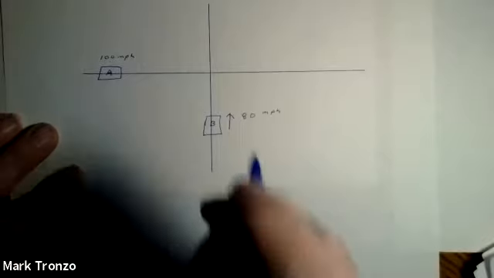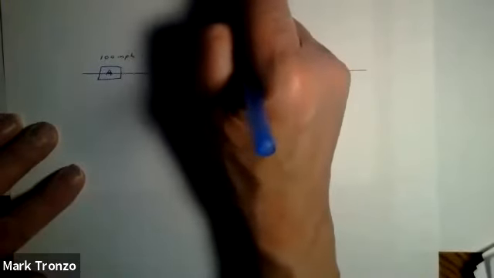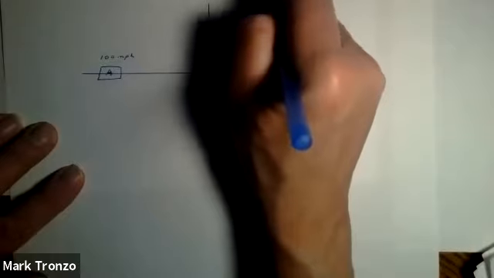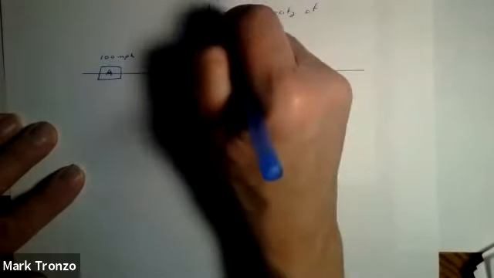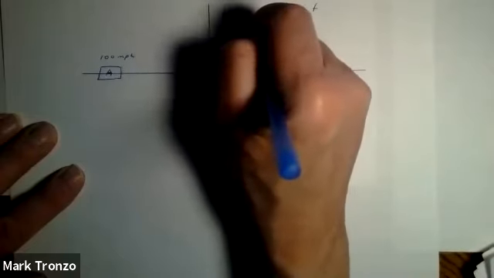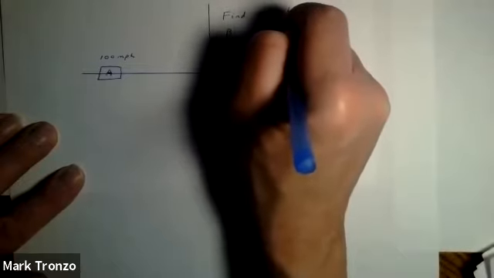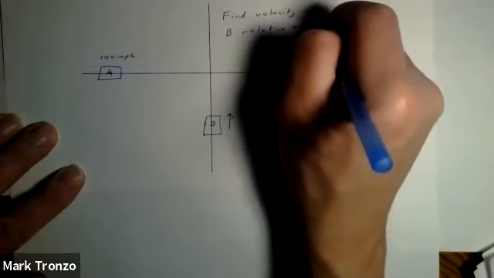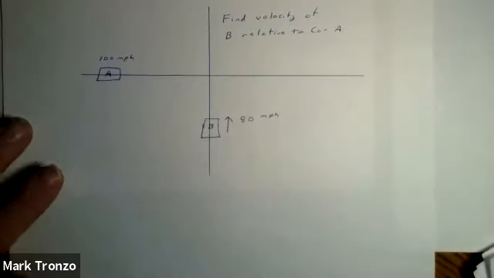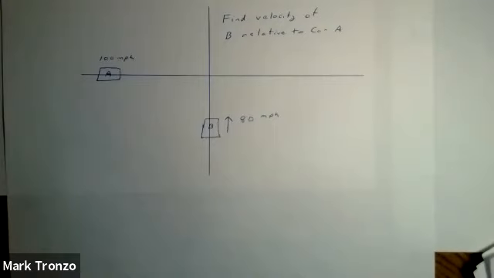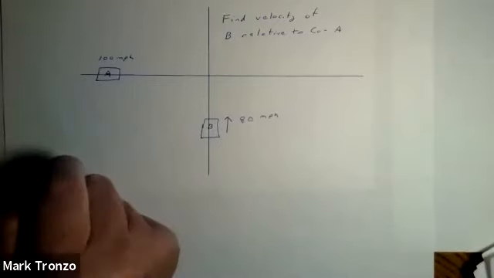And we want to find the velocity of B relative to car A. So this is what our problem is this time. Again, we're going to have to use vectors. So let's see if we can do this.